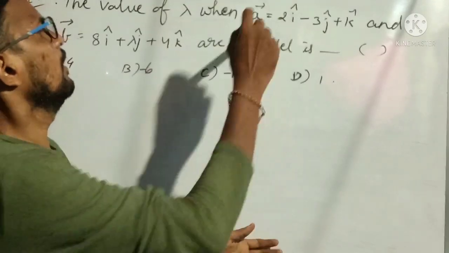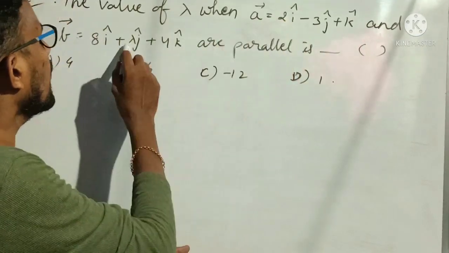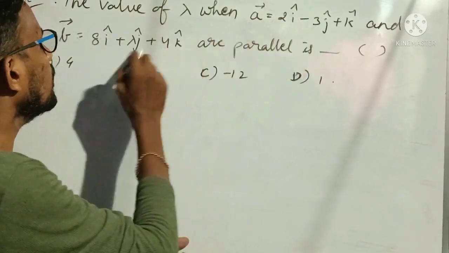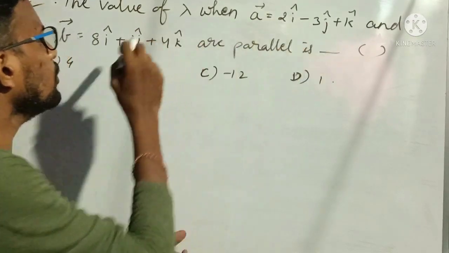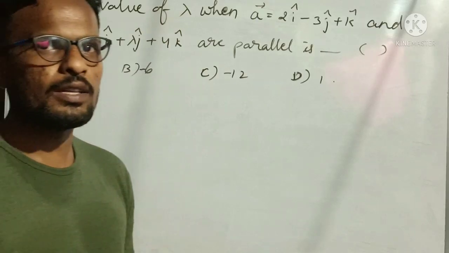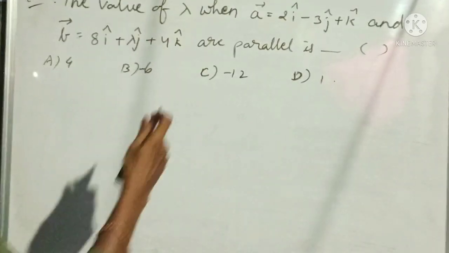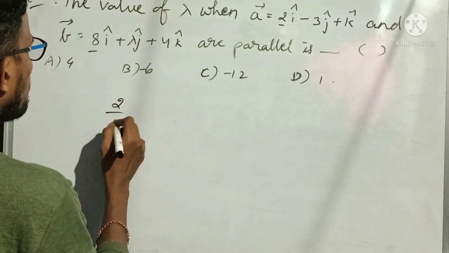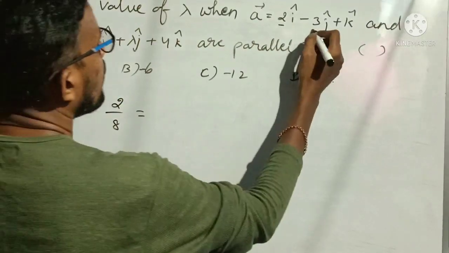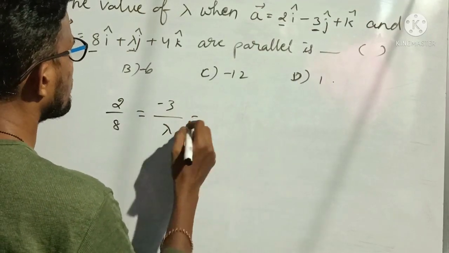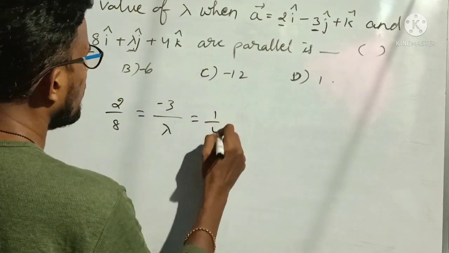Proportionality in the sense, the ratio of coefficients of i bar is equal to the ratio of coefficients of j bar is equal to the ratio of coefficients of k cap, right? This is my condition. That same condition I am using here, that is the ratio of coefficients of i cap, that is 2 by 8, is equal to the ratio of coefficients of j cap, that is minus 3 by lambda, is equal to 1 by 4.